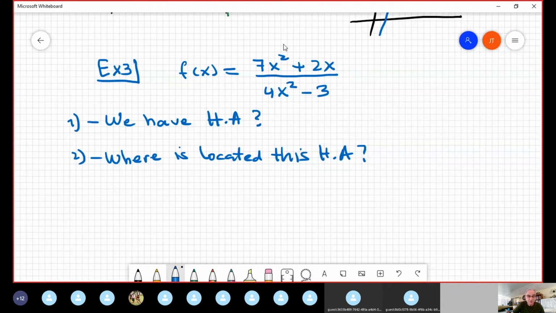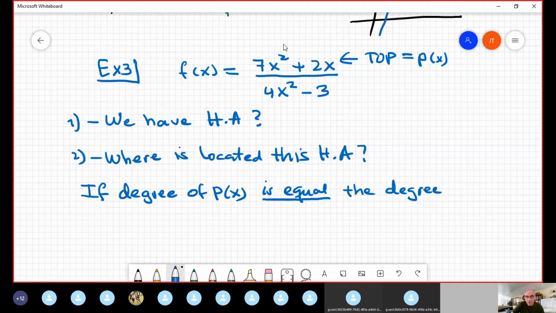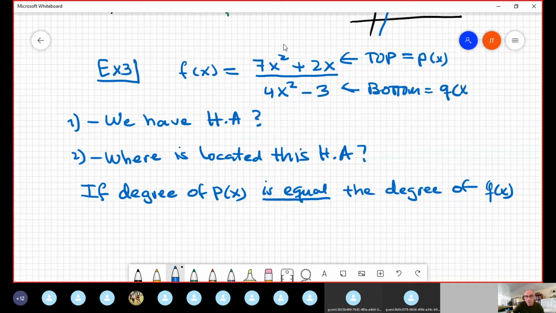So what is the rule? The rule is clear. If the degree of the polynomial P, the top part (I always call the top P), is equal to the degree of the polynomial Q, the bottom, then we have a horizontal asymptote.